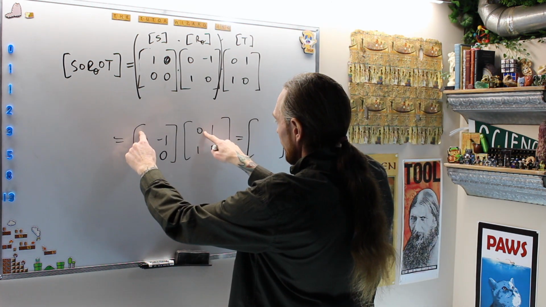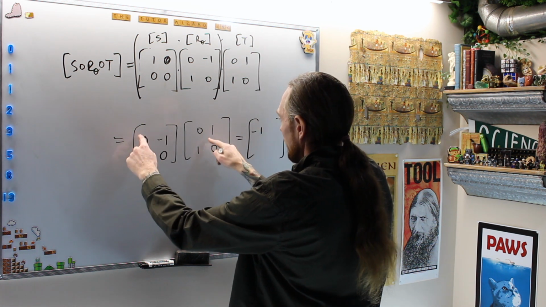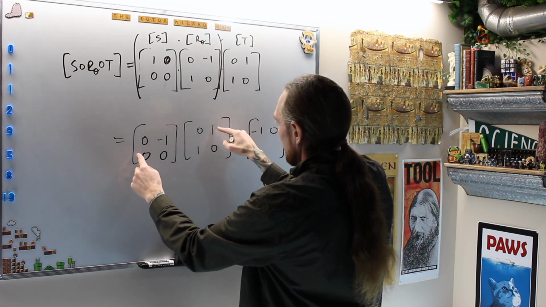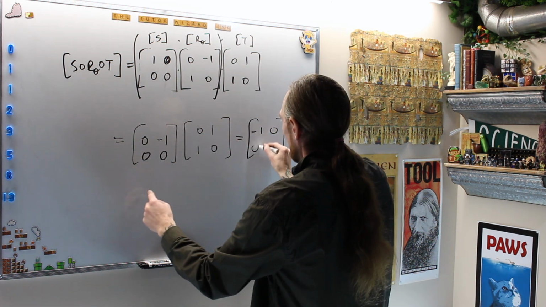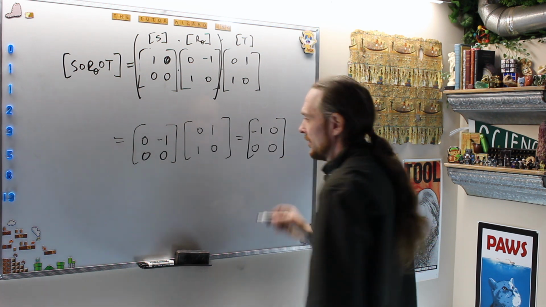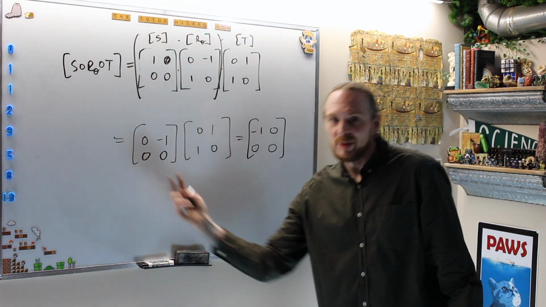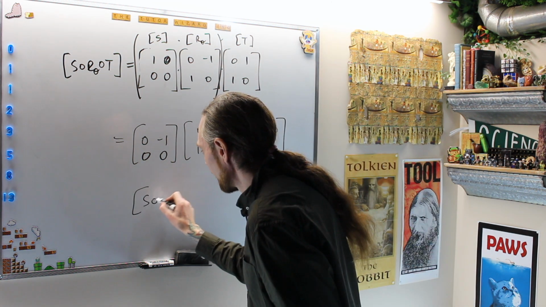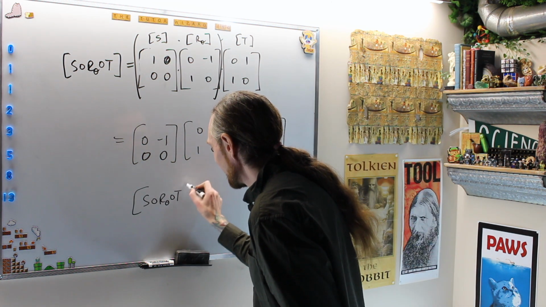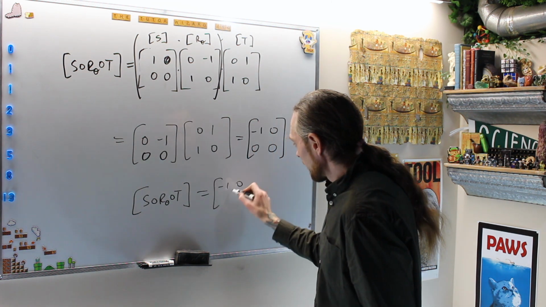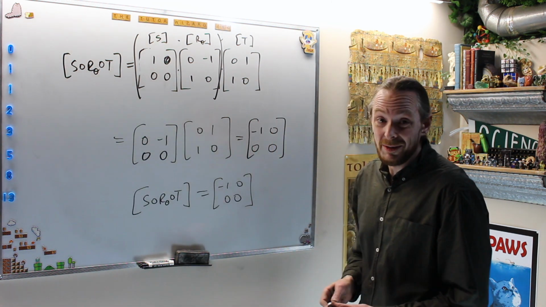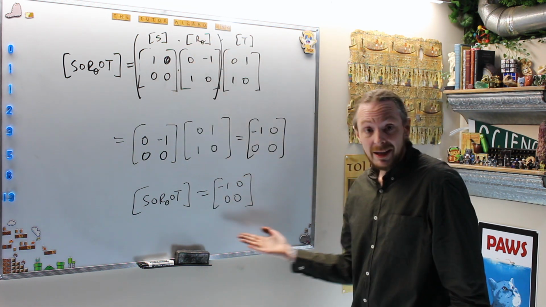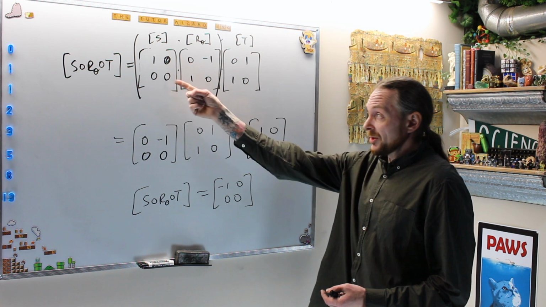I get 0, negative 1, 0, 0, 0, 0, 0, 0. Multiplying on the right permutes the columns. We can use a permutation matrix. This is the standard matrix. S following R theta following T is equal to [-1, 0; 0, 0]. It looks really horrible in the fancy theory, but when you're in 2 dimensions and you know what the matrices look like, a lot of the time it ends up being just multiplying a bunch of matrices with some numbers in there.